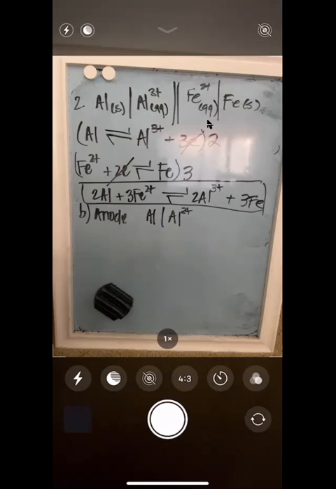But question 4 further asks us, what is the standard Gibbs free energy change for the voltaic cell above? And it gives us, thankfully, a function, right? Which is G equals negative nFE.